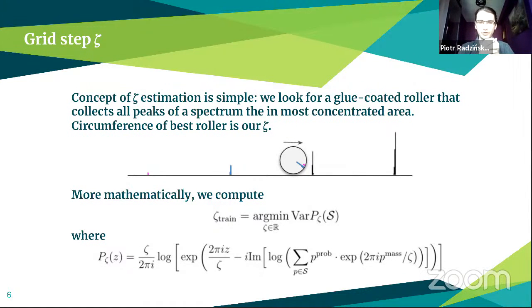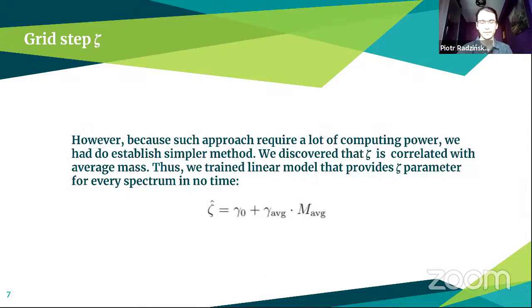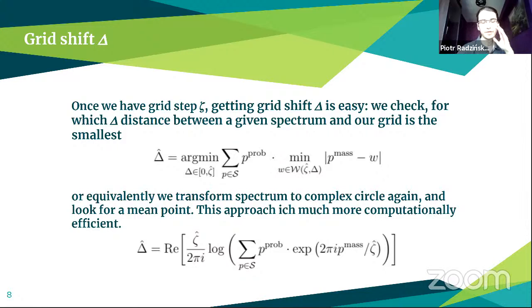However, it takes a lot of computational power to do this. So we did this for, let's say, I don't remember, 2 million proteins. And then we trained a second linear model that will give us a formula dependent on mass for these distances between peaks. Then we also have the shift to estimate.